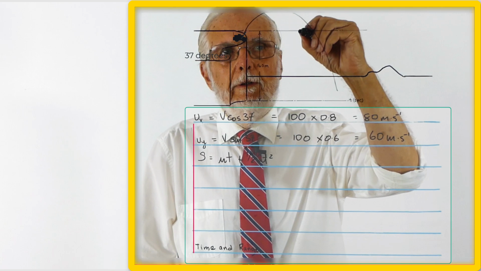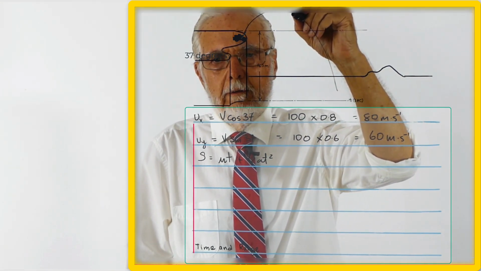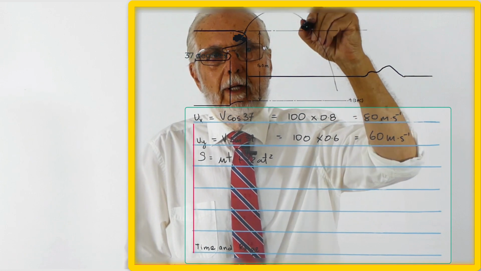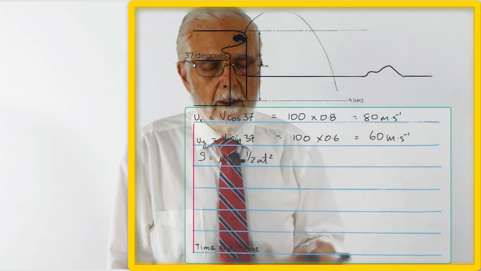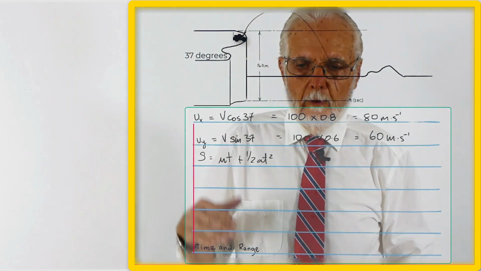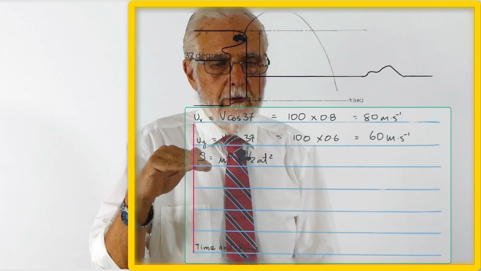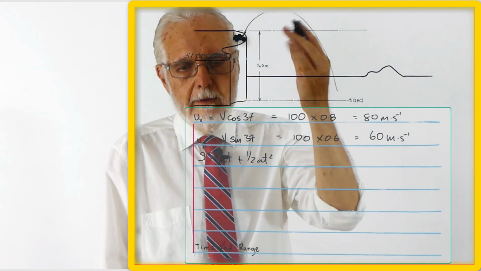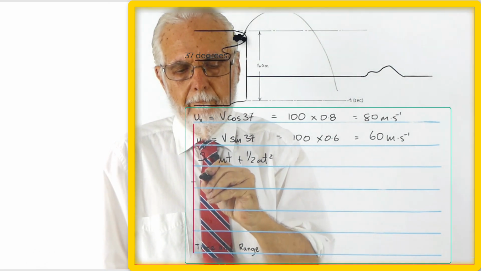The displacement above 140 metres is 0. It's gone up and it's come back down. So the first step is to get all of these signs right and place them into the equation. So S is going down, negative 140.